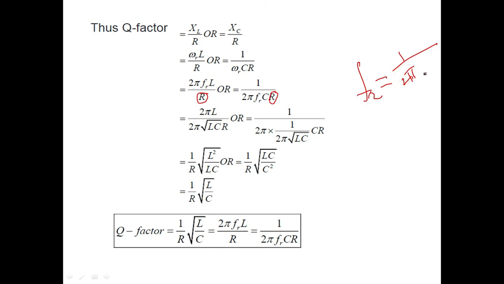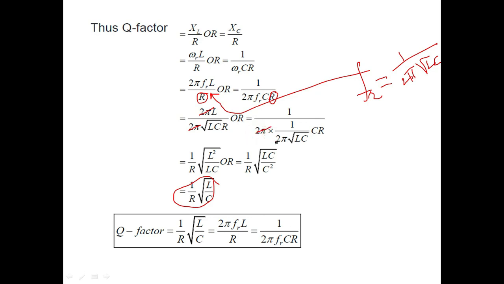Once we substitute this value, we get 2 pi L upon 1 upon 2 pi square root of LC into R. Here 2 pi gets cancelled, then L with square root of L square gives L upon C, which means 1 upon R, L upon C. This is the equation.